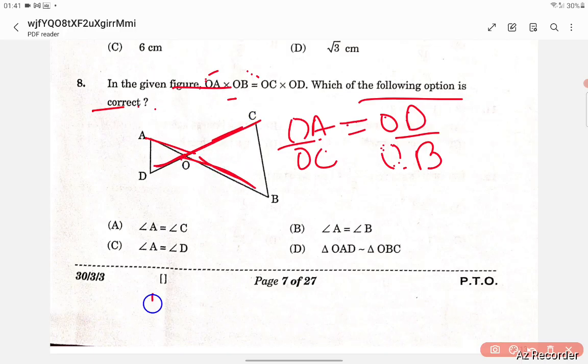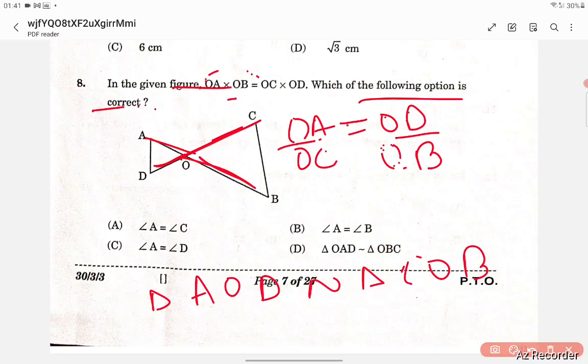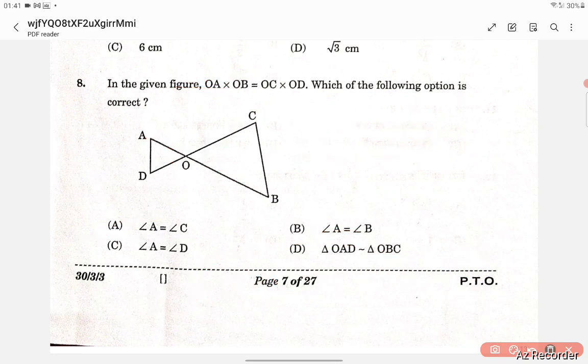So triangle AOD is similar to triangle COB. Now let us check the options. Angle A is equal to angle C. Yes, angle A is equal to angle C, and none of the other options are true. So that's the answer.